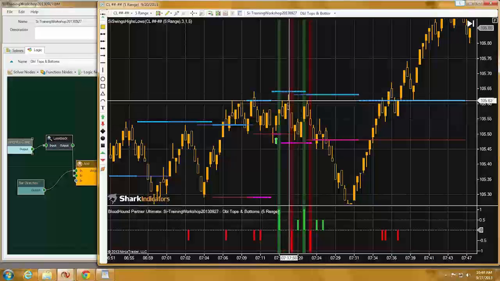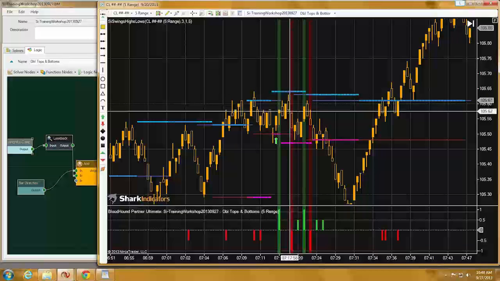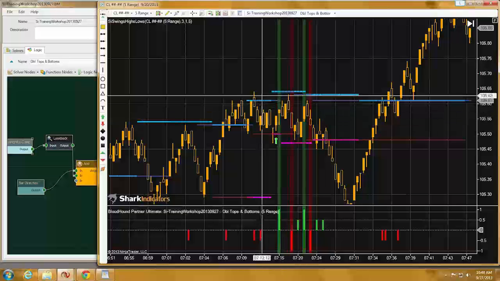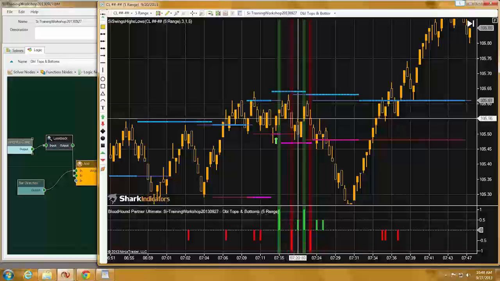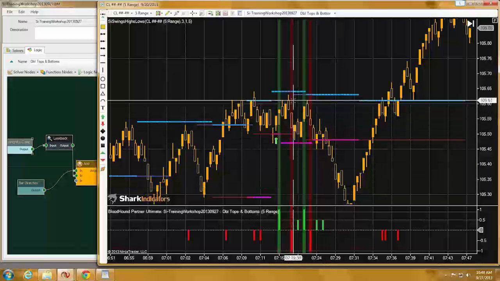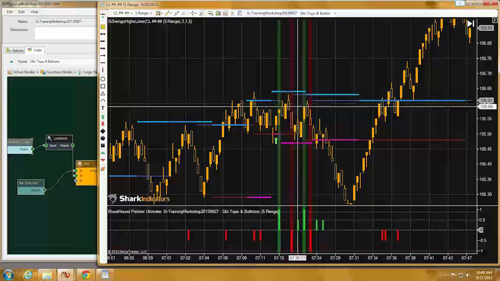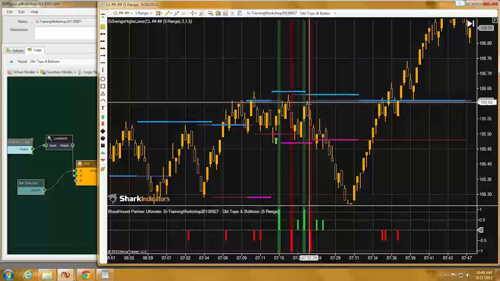And the same with this short signal. This easily could have worked out to be a good short signal within this consolidation, and it did eventually. We can see price did eventually move down, but just not on the first double top. It did occur on the second one.